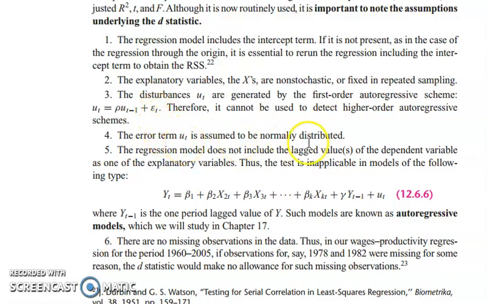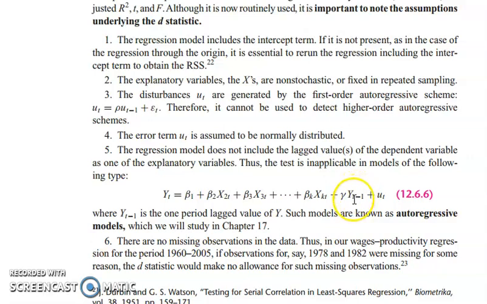Assume that u_t is normally distributed, and also the regression model cannot include lag values of the dependent variable. For example, here this is an autoregressive model. Our dependent variable is y_t, but one of the independent variables is y_{t-1}.